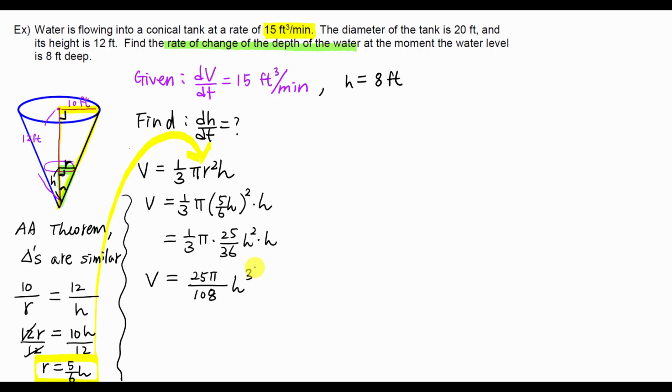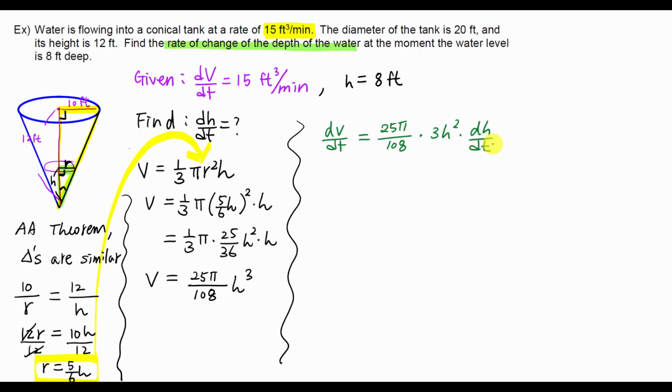Now, this equation has only V and h as variables. So when we take the derivative of both sides, we have no problem now. So now let's take the derivative of both sides of V equals 25 pi over 108 h cubed with respect to t. When you do that, I get the derivative of V is dV/dt, which is equal to 25 pi over 108 times the derivative of h cubed, which is 3h squared dh/dt.